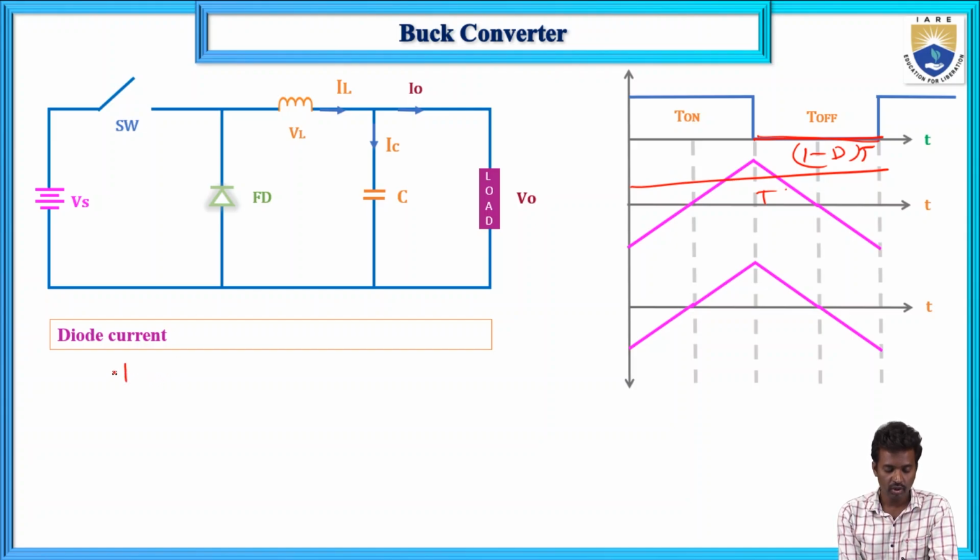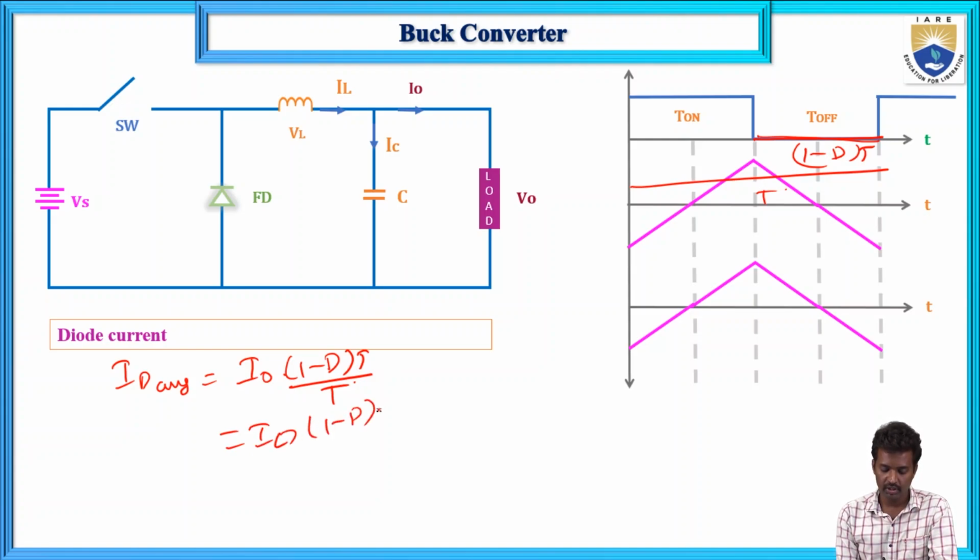So ID average equals the same inductor current or output current, I naught or IL, into (1 minus D) times the total time period divided by the total time period, that equals I naught or IL into (1 minus D). So this is the ID average.